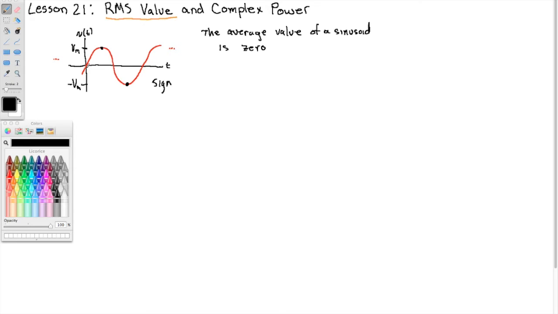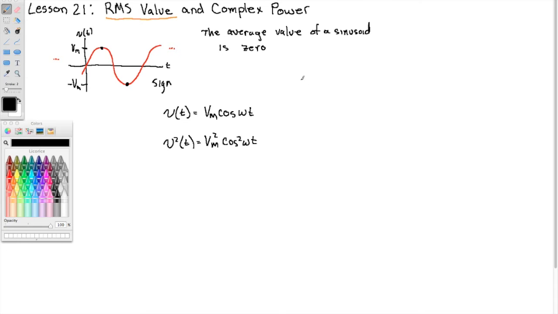So another choice we have to get rid of the negatives when we take the average value is to square the waveform. So let's again suppose that v of t is a sinusoid. So it looks like this. We'll say its phase is 0. And let's square the waveform: cosine squared omega t.